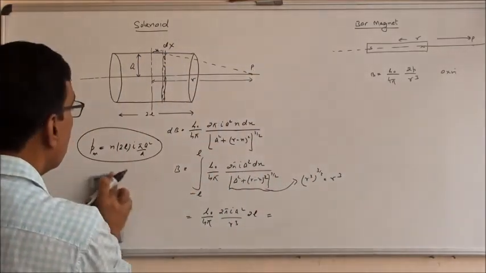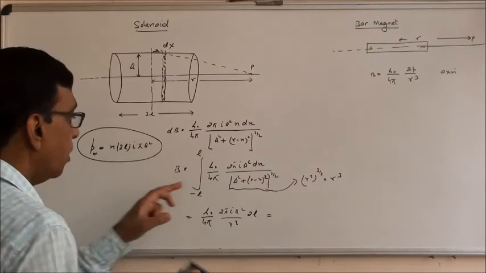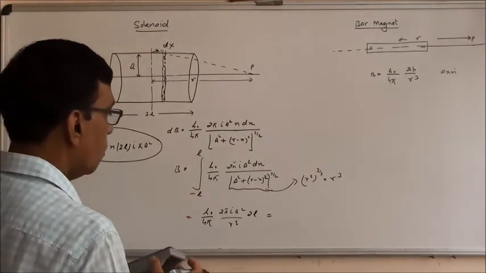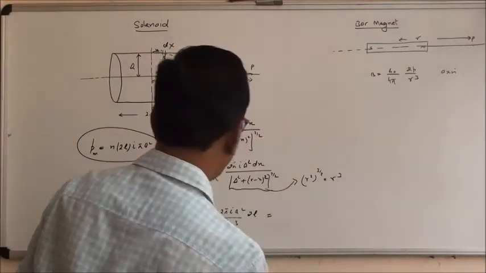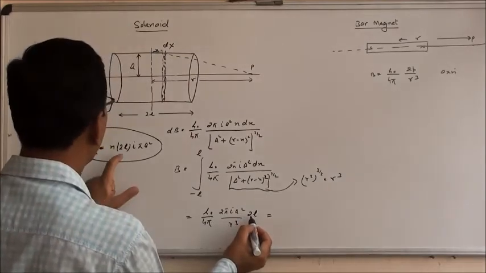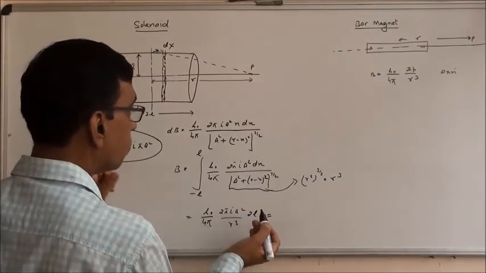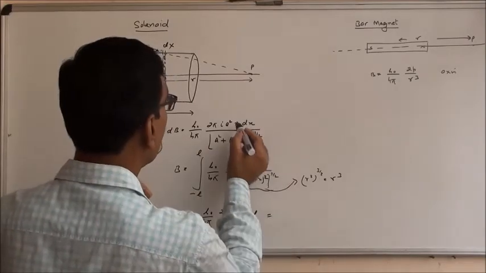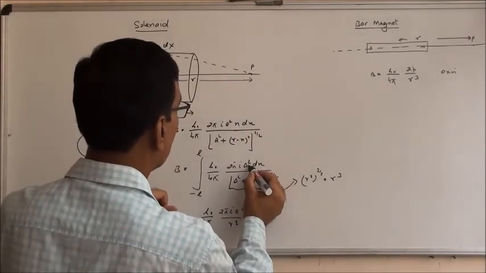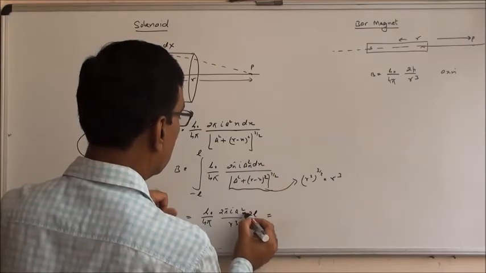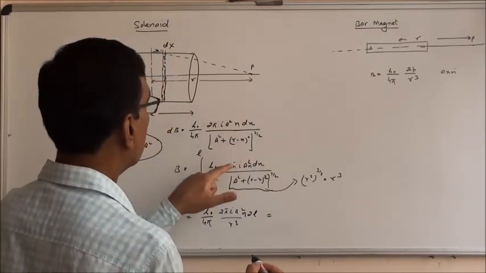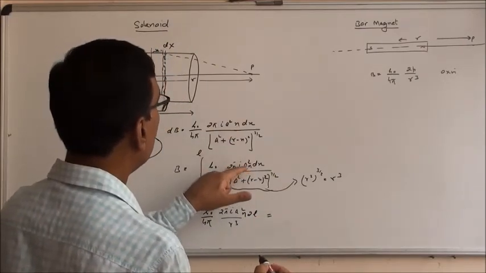Okay, now let me apply here. So 2L n, where is n? n was here, oh sorry, it was dropped. n was here, okay, 2 pi I n a square dx.